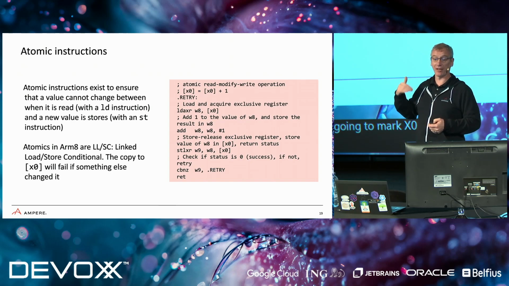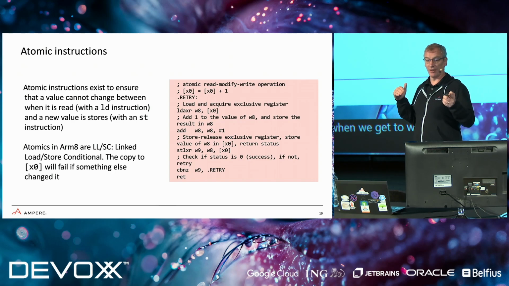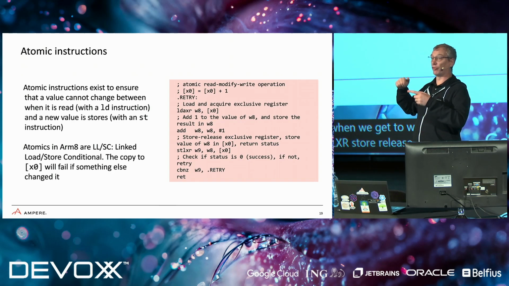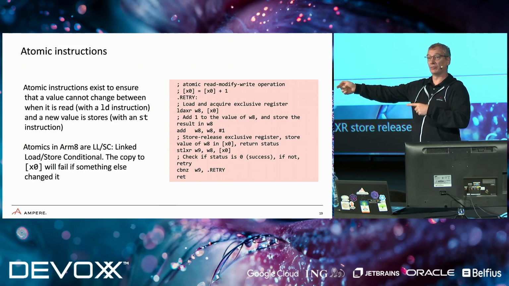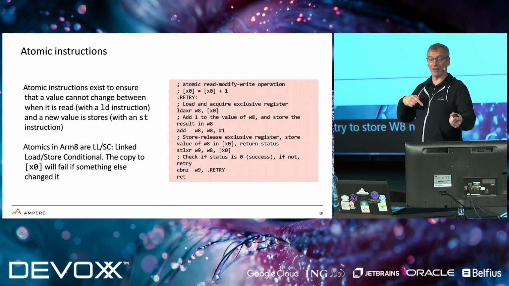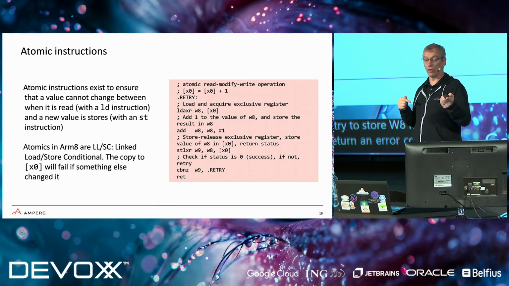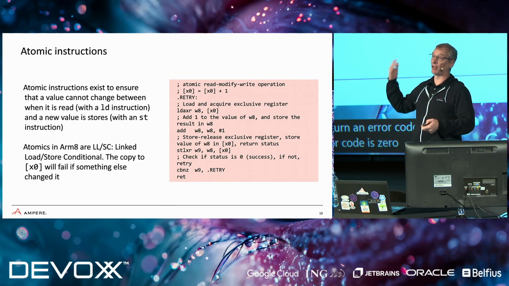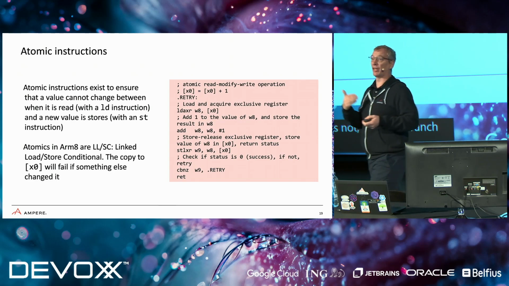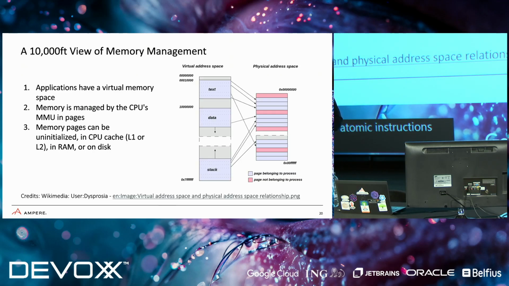And then when we get to writing back to that register, we use the STLXR, store release exclusive register, which is going to try to store W8 into X0. But if X0 is changed, it's going to return an error code, and we can verify whether that error code is 0 for success, and if it's not, then we branch back and we try again. So that's how atomic instructions work in Arm8.